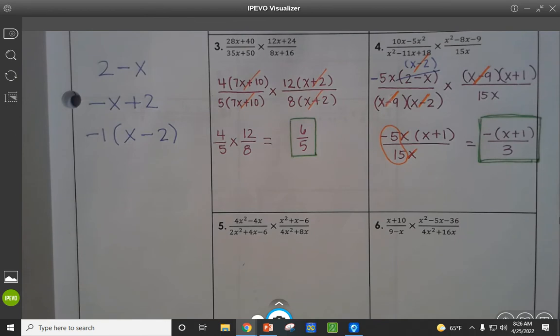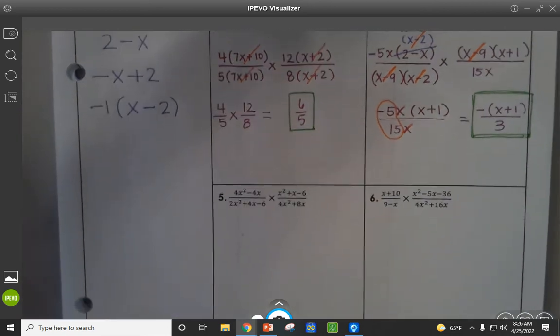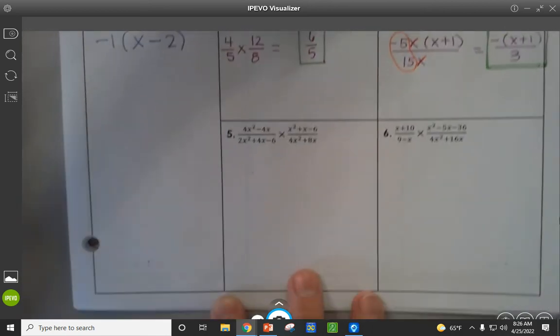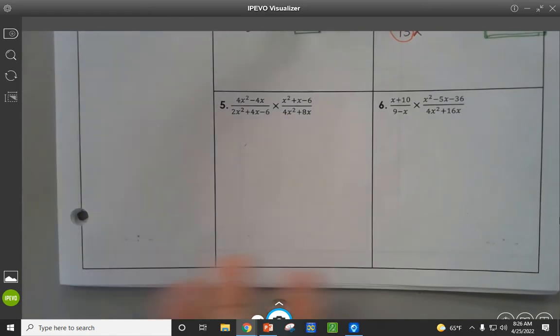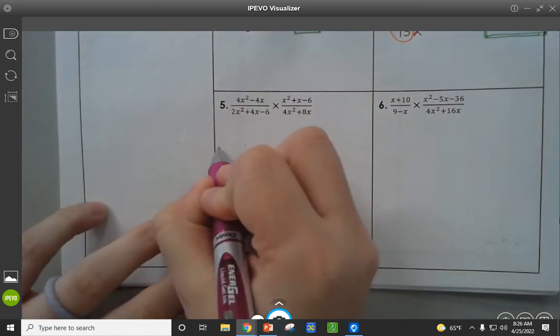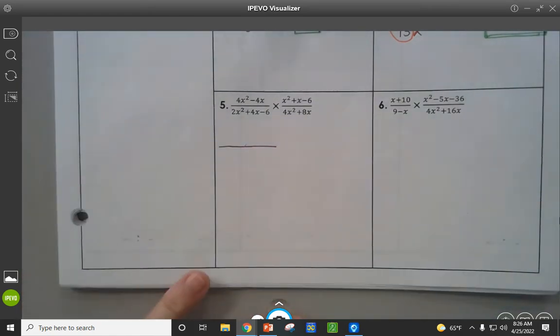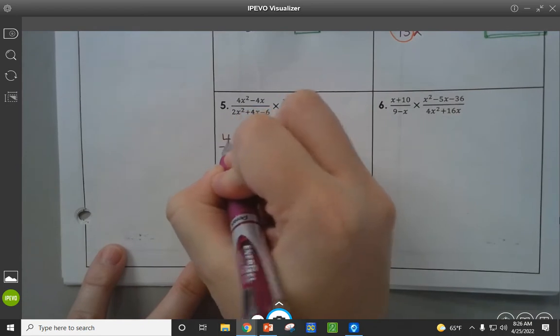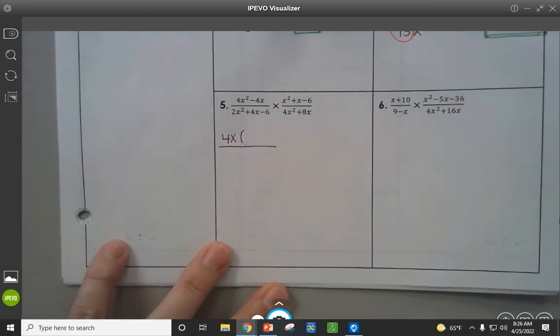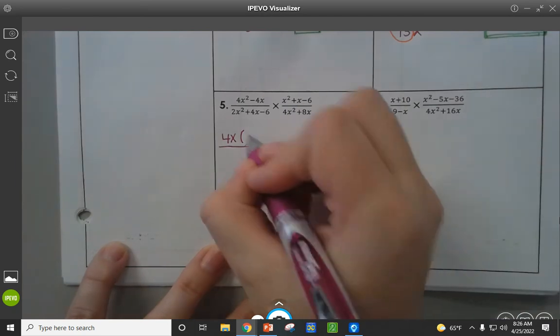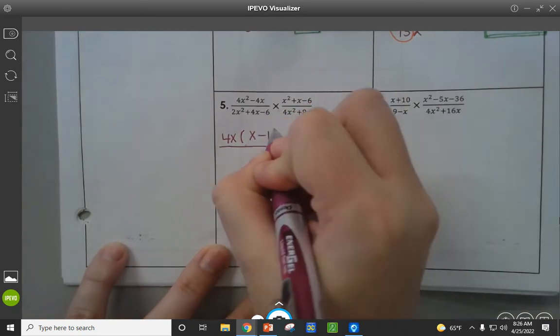Questions? All right, number 5. First fraction. Do we have a GCF on the top? 4x, leaving me with x minus 1.